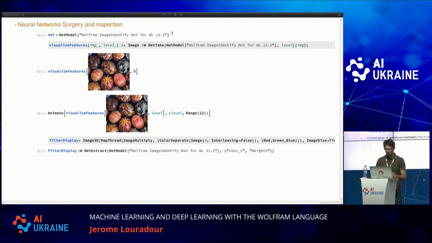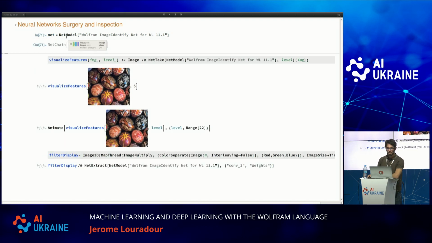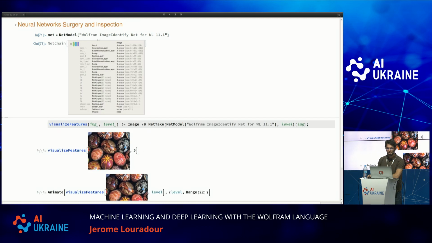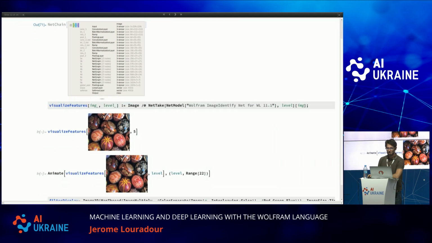Okay, here I demo a little bit how to do some surgery. Here I took the network that is used for the function ImageIdentify that I showed in the beginning. For example, I can define a function which, given an image and which level in the network I want to look at, outputs a list of images that correspond to the features learned on these images.